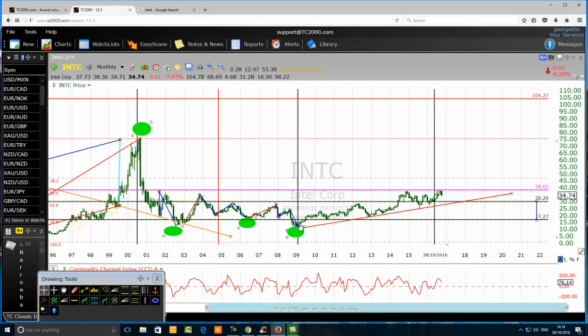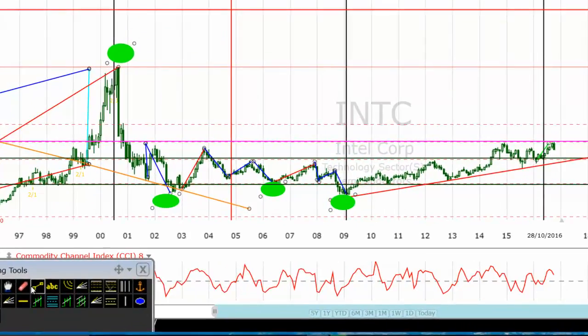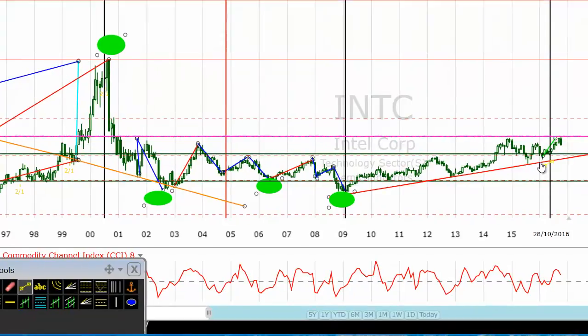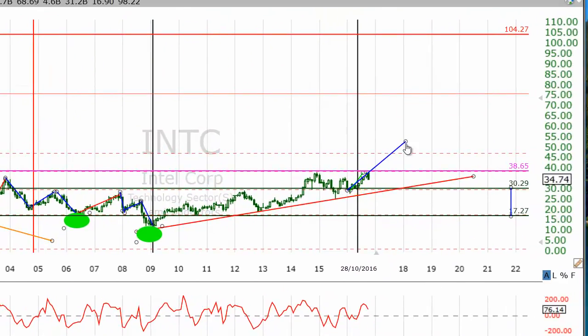That will be the first condition. The second condition is that we see the Intel stock breaking above that key level, $38.65, and to validate that level as support, or to form a higher low above that level, $38.65.